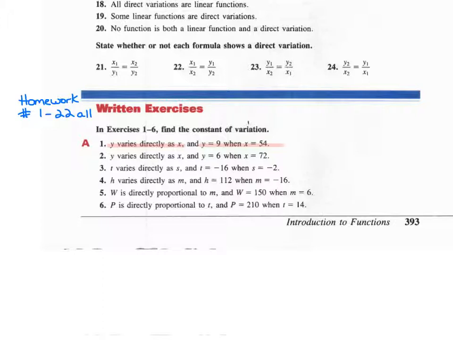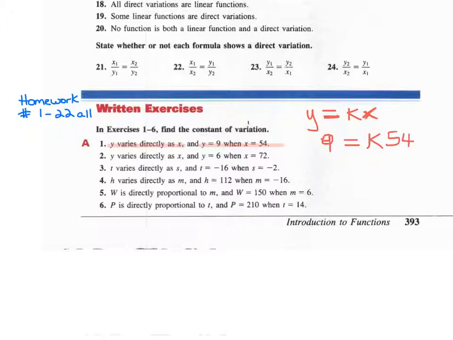So again, remember, the first letter you read is going to be on the left side of the equal sign. Then you write the k and then the next letter. So now we're going to plug in what we know. We know that y is 9, and we know that x is 54.